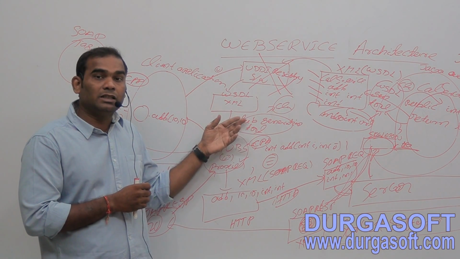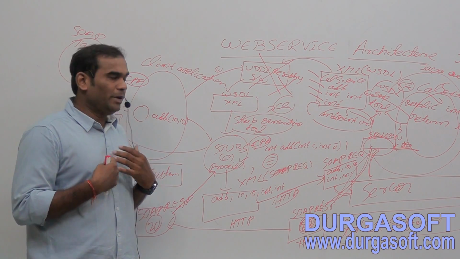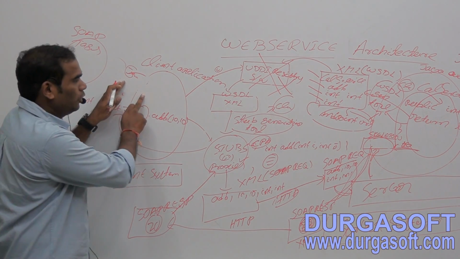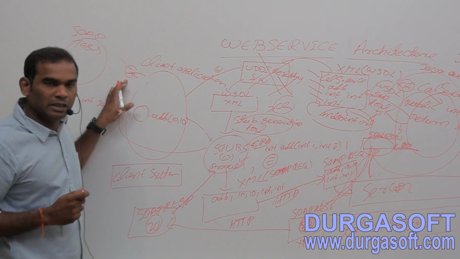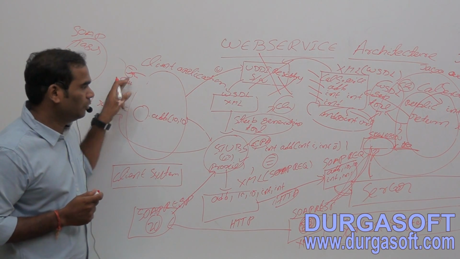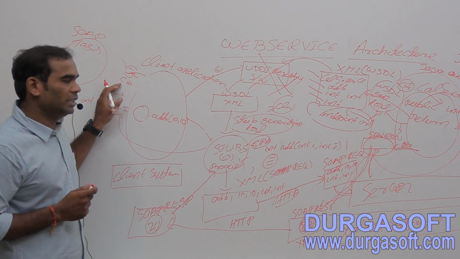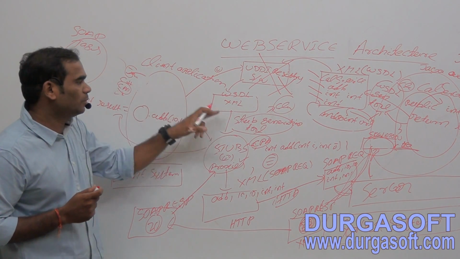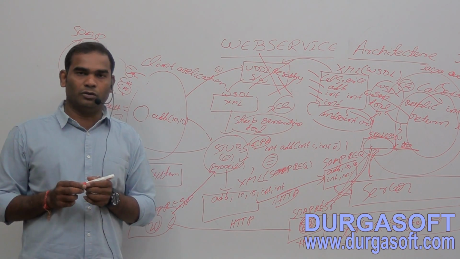So who will provide this stub? Assuming I am developing this application using Java, Sun should provide this stub generation tool. If I am developing this client application using C#, Microsoft should provide it. If I develop this application using C++, C++ should provide this stub generation tool.